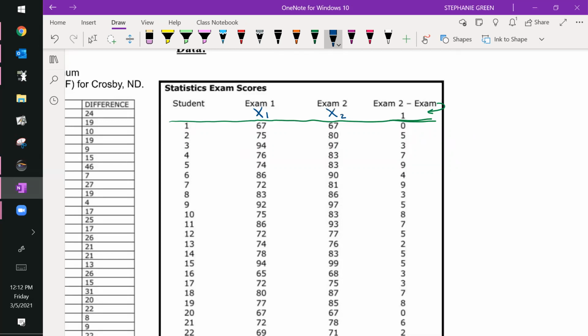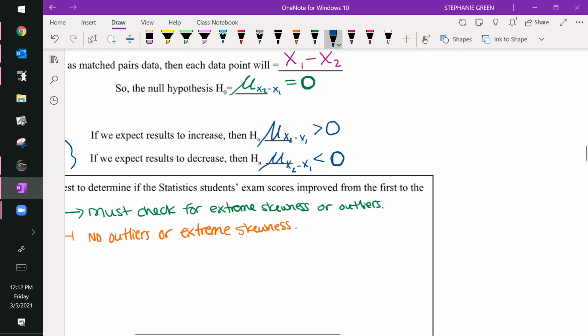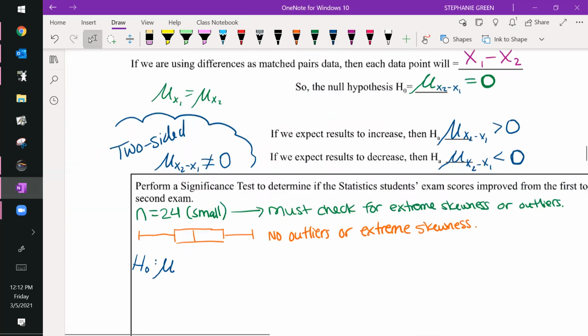Simply by writing x1 and x2 in these areas, I have indicated that x1 is the data points from exam 1 and x2 is the data points from exam 2, which means that my list of data is x2 minus x1, not the other way around. So we're going to do x2 minus x1.